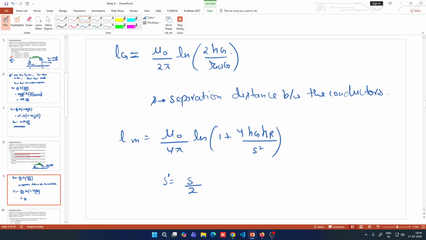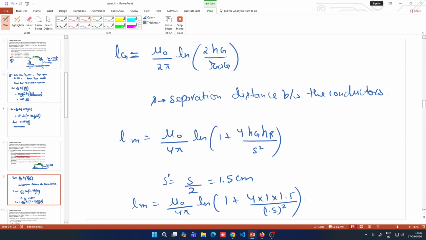If you calculate Lg, it remains the same because nothing is changed. But here something will change, because instead of 3, it is now 1.5 centimeter. So we can recalculate Lm: mu naught by 4 pi ln 1 plus 4 times 1 into 1.5 divided by 1.5 whole square, the new separation distance.